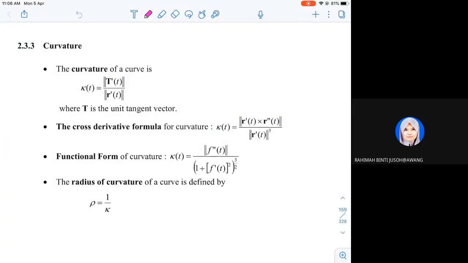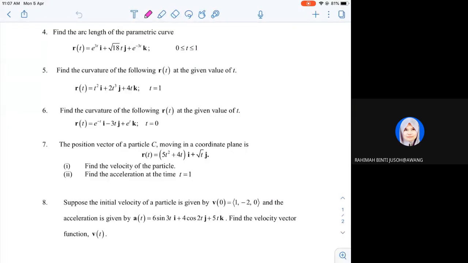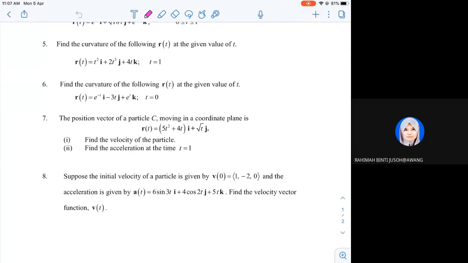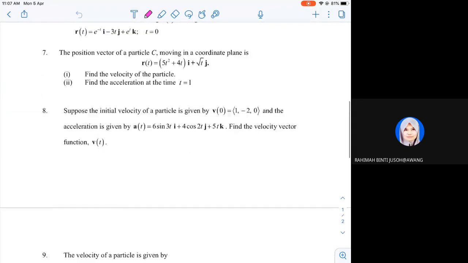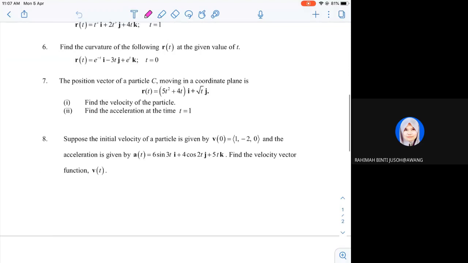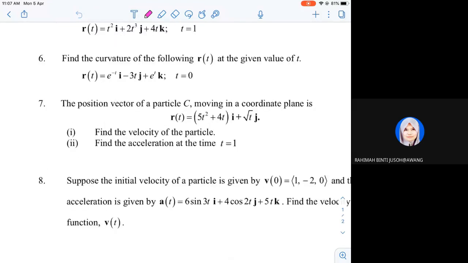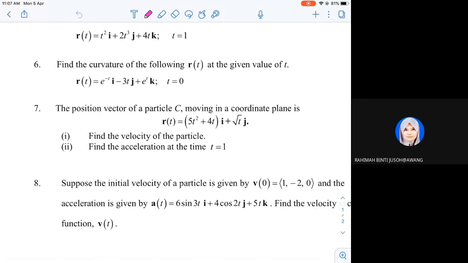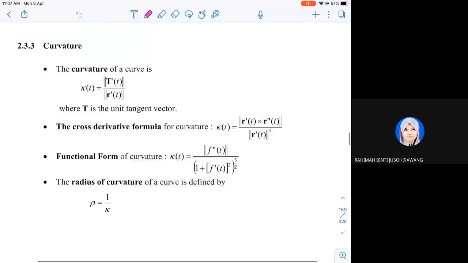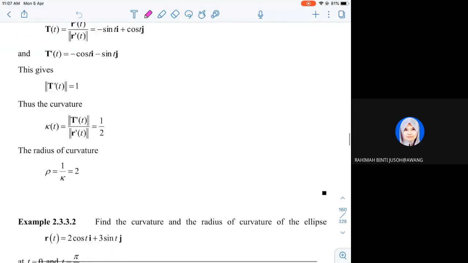Alright. So, jom tengok soalan seterusnya. Question number 6 ni pun sama lah, guys. Okay, curvature dia just the same. Okay, let us move to question number 7, position vector. Ni topic 2.4. Okay, so 2.4.